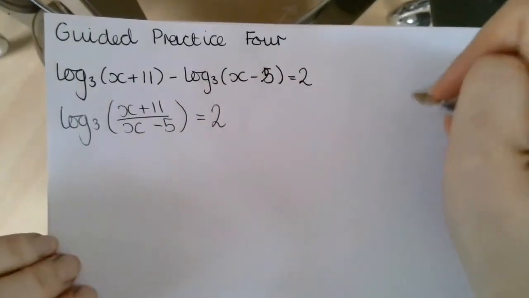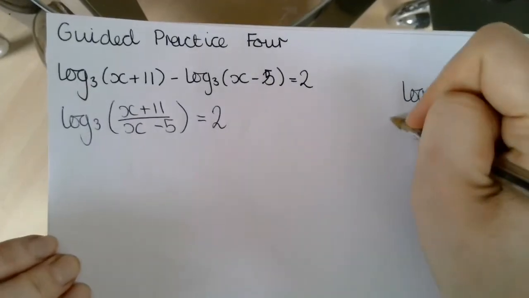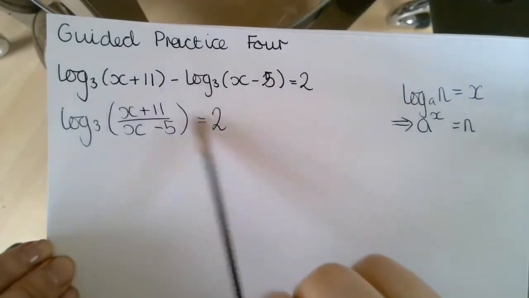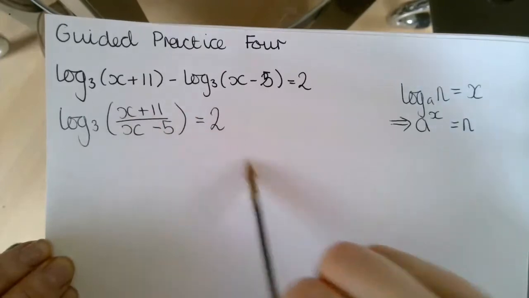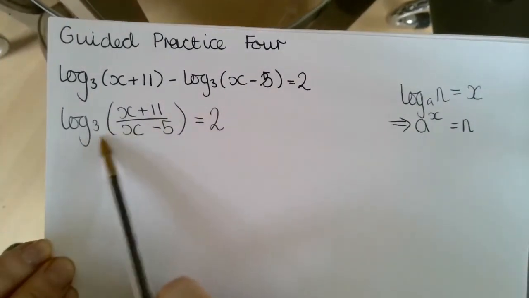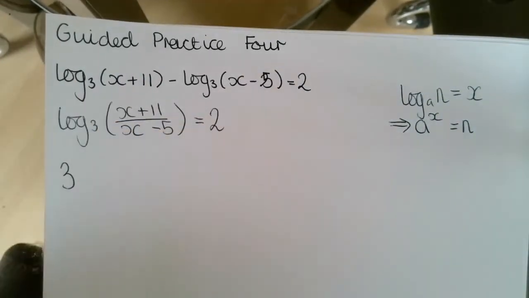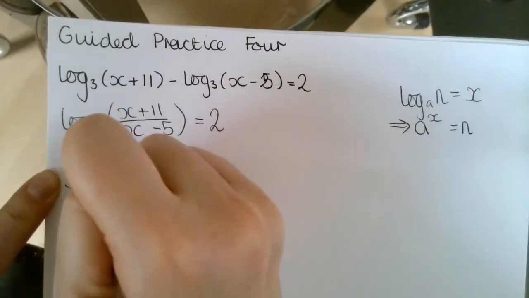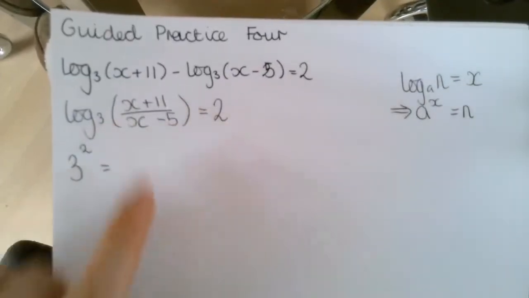So then again, if we use the fact that log a n equals x implies that a to the power of x equals n, we can rewrite this using powers. So we've got a here is equal to 3. So we know that 3 to the power of x, which is equal to 2 here, so 3 squared, that is equal to this algebraic fraction here.